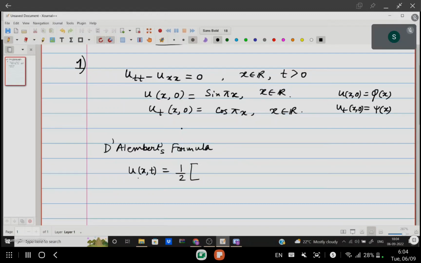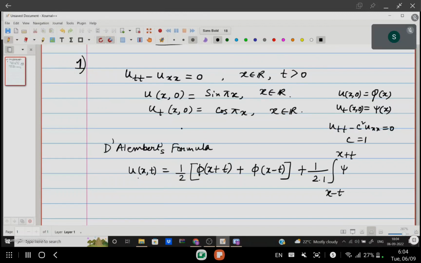Here my c is what? The general equation is u_tt minus c squared u_xx equal to 0, so here my c is 1, right? So I will write the solution as phi of (x plus ct) plus phi of (x minus ct) over 2, where c is 1, so phi of (x plus t) plus phi of (x minus t), plus 1 by 2 times the integral from x minus t to x plus t of psi of s ds.